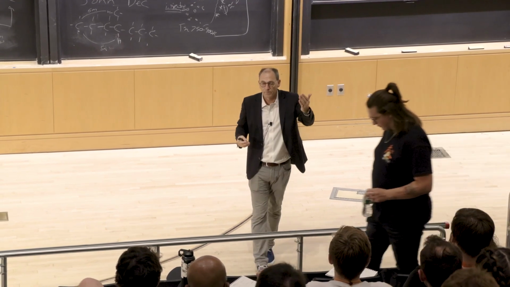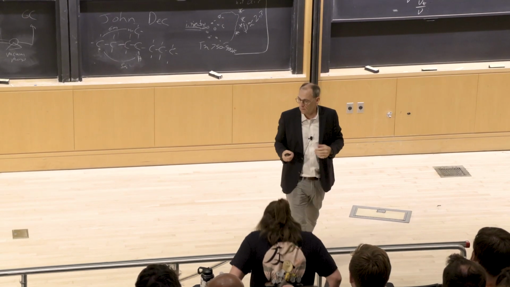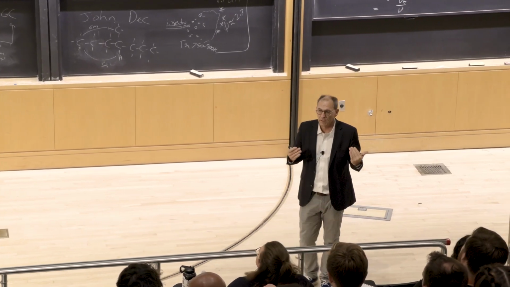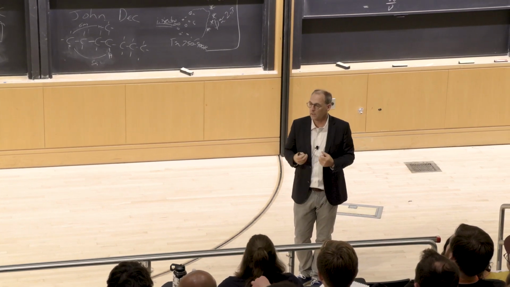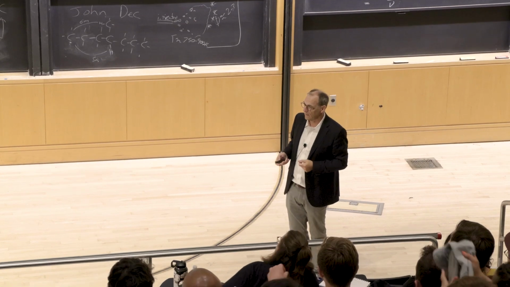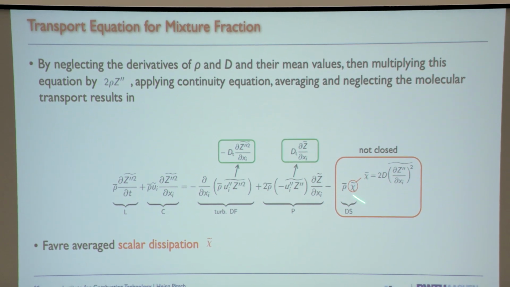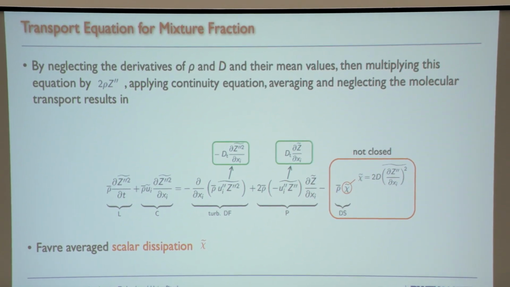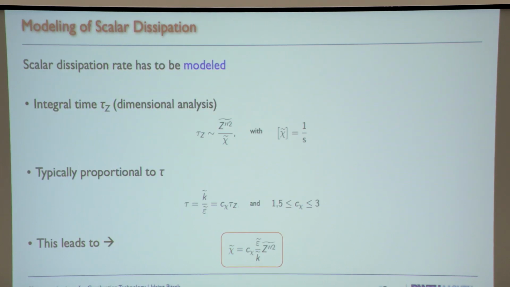I have no regions of higher and no regions of lower, which means I've mixed these out. So the dissipation of variance means molecular mixing. That's what it is, okay? And that's why the reaction rate, we saw this yesterday, is related to the dissipation rate, because it's the molecular mixing rate.